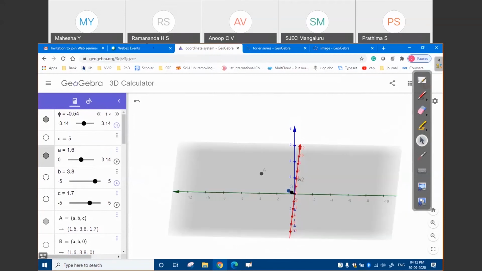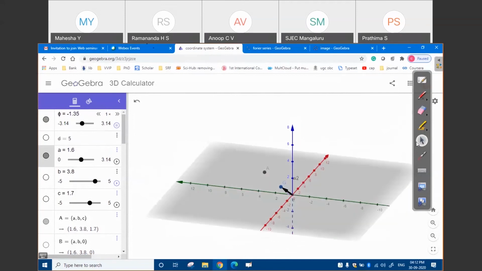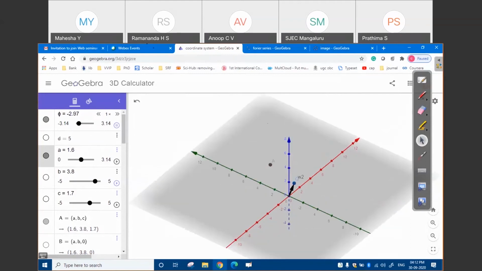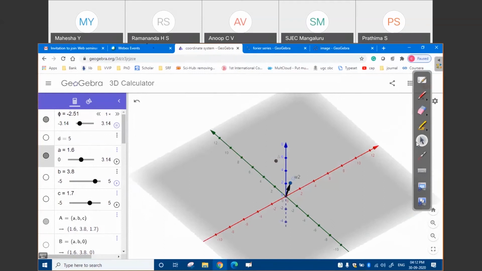I can show that the vector creates a conical shape around the z-axis like this, if I change the value of phi alone, from 0 to 360 degrees.